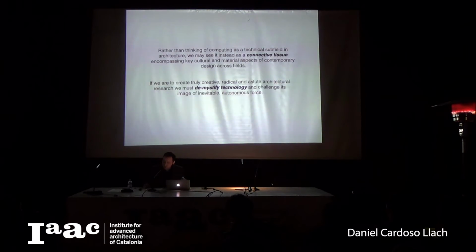Rather than thinking of computing as a technical subfield of architecture or as an instrument, we may see it instead as a connective tissue that encompasses key cultural and material aspects of contemporary design across fields.